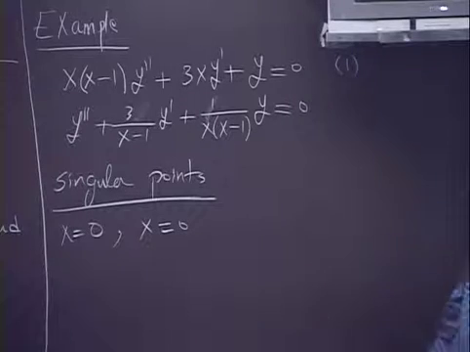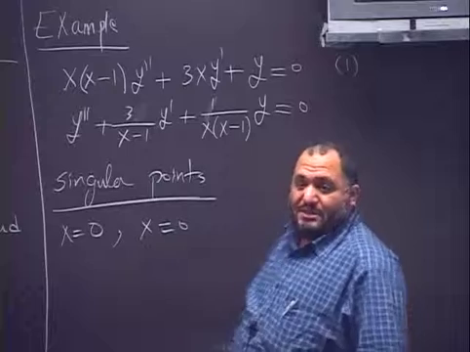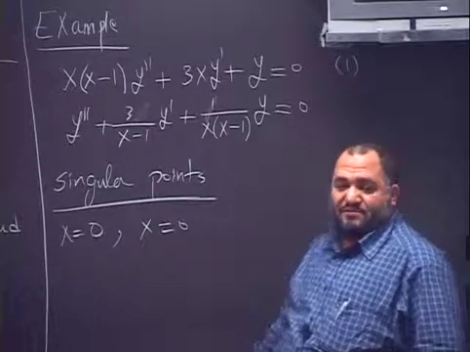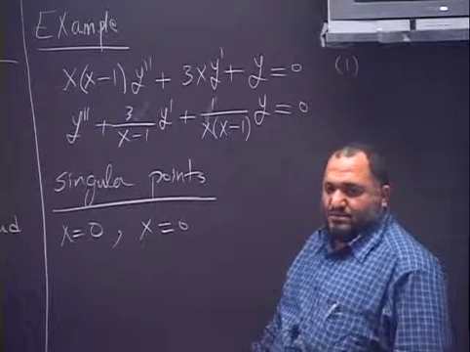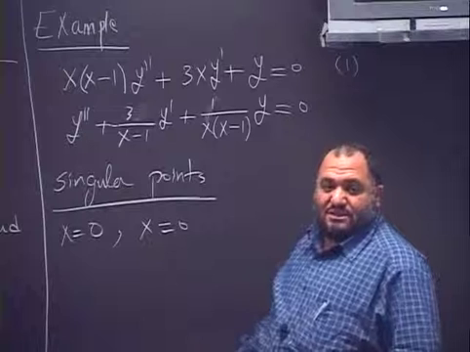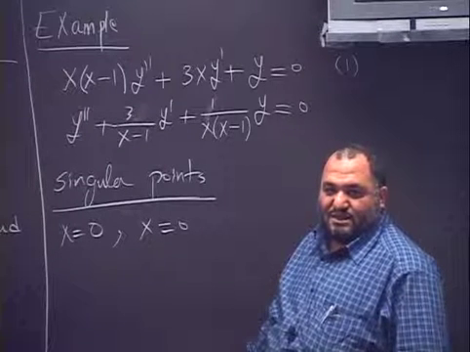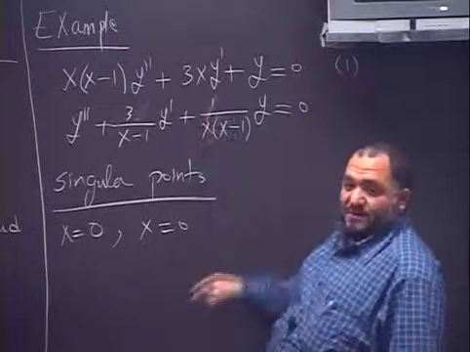So multiply here by, this is the first one, we'll multiply here by what? X. And then when you multiply by x, if x equal to 0, substitute at x equal to 0, for example, this will give you what? 0. So it is at x equal to 0, it is analytic.